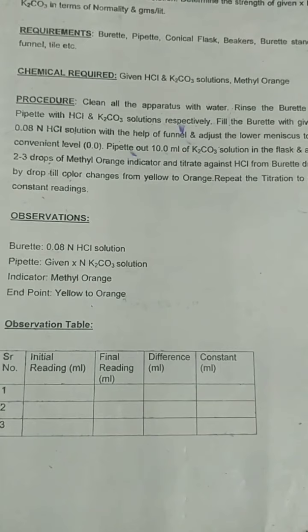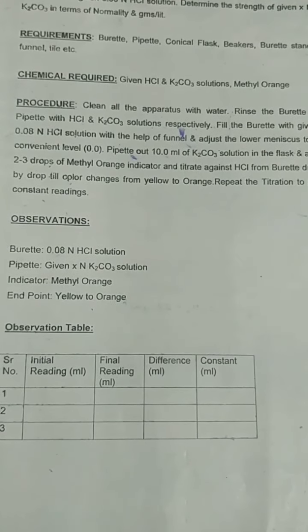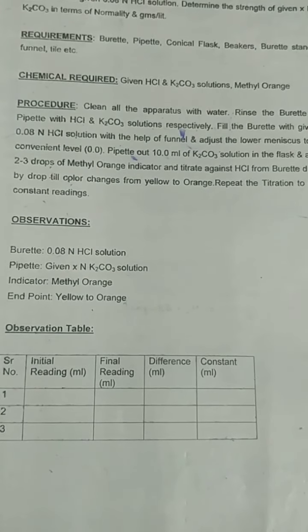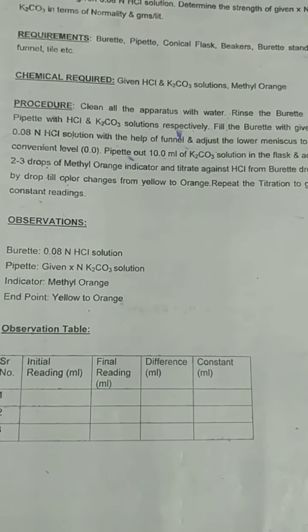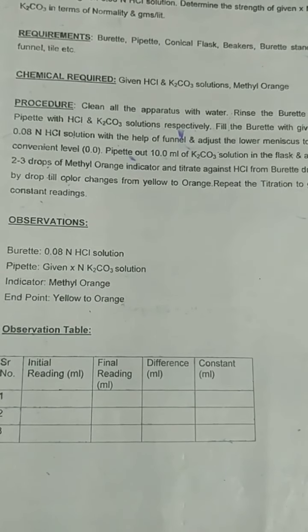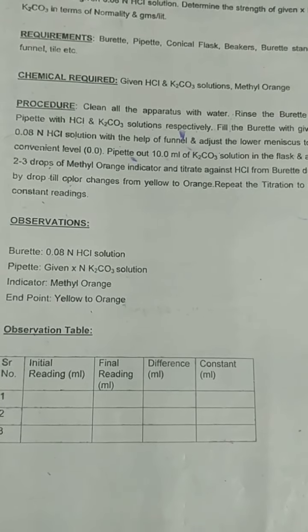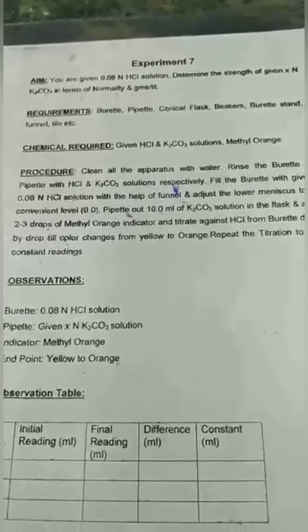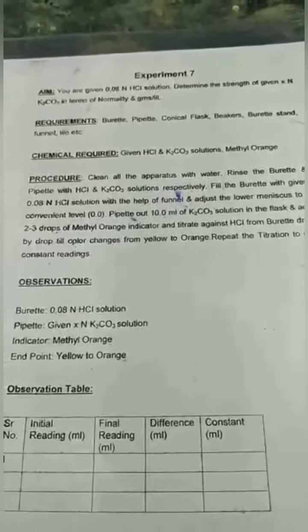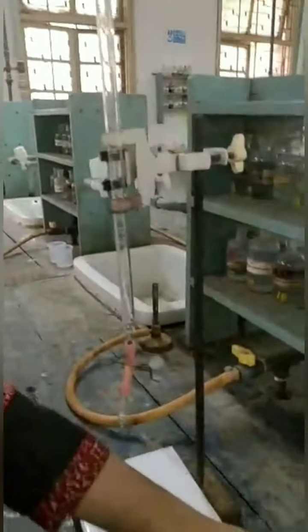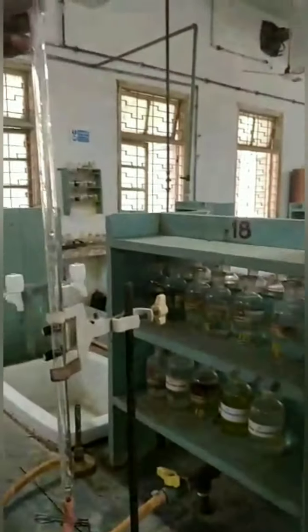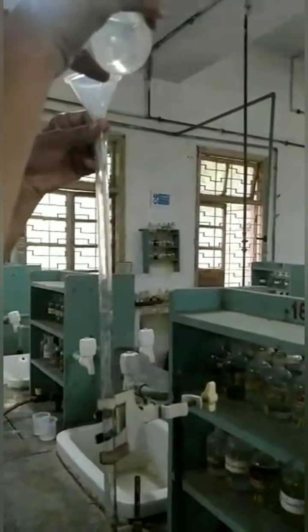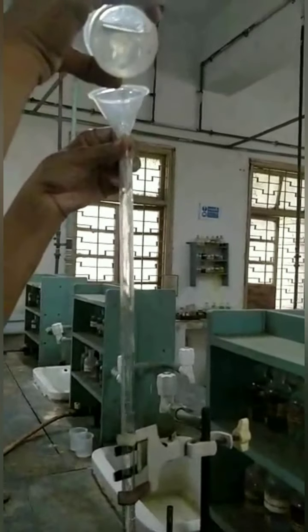Before starting the procedure, we have to clean all the apparatus with water and rinse the burette and pipette with HCl and K2CO3 solutions respectively. We'll see the procedure for this experiment. We will fill the burette with HCl with the help of a funnel.